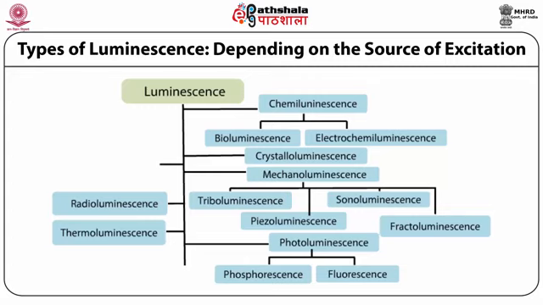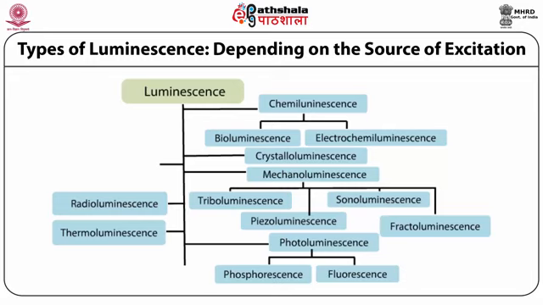Mechanoluminescence is activated as a result of mechanical action on a solid. It includes triboluminescence, where the luminescence is produced when bonds in a material are broken as it is scratched, crushed, or rubbed.